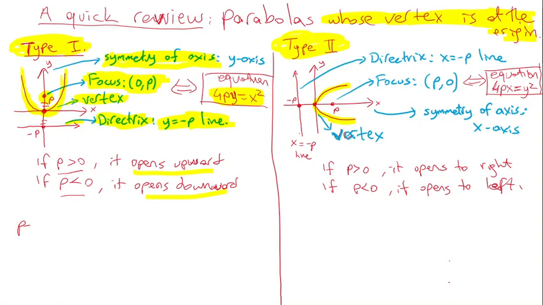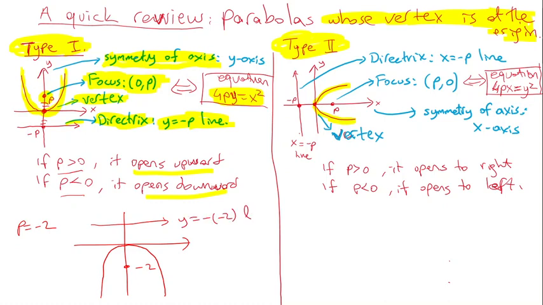For example, let's take p equal to minus 2. What kind of parabola might we have here? A vertical parabola, something like this. And where is the directrix? It will be negative p, so y equals negative p, which is the line y equals plus 2.